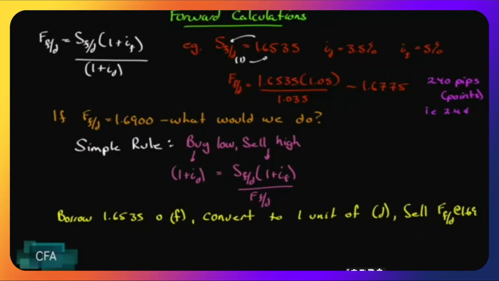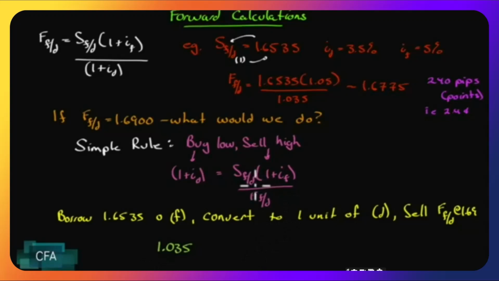What's going to happen to our domestic currency? It's going to grow at 1 plus the interest rate. Our domestic interest rate is 3.5%, so at the end of the period, we will have 1.035 in the domestic currency.